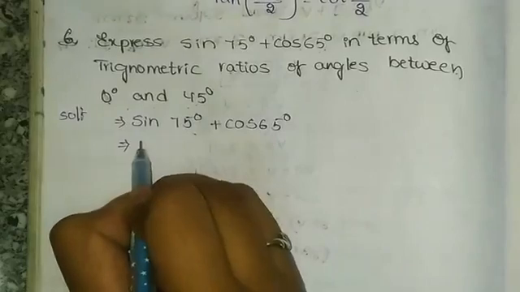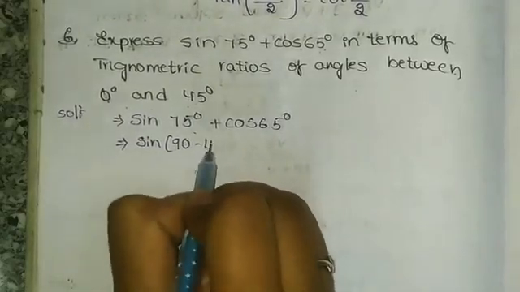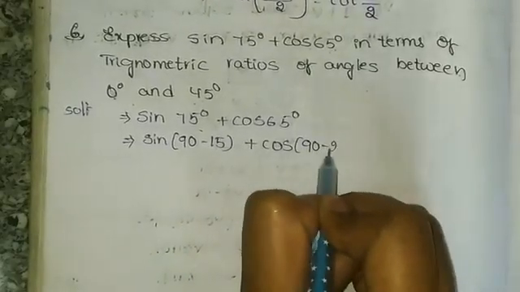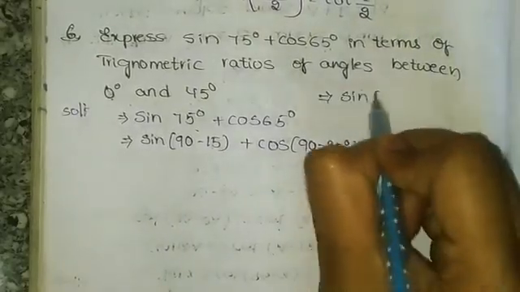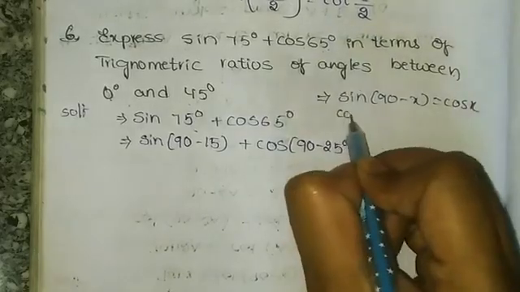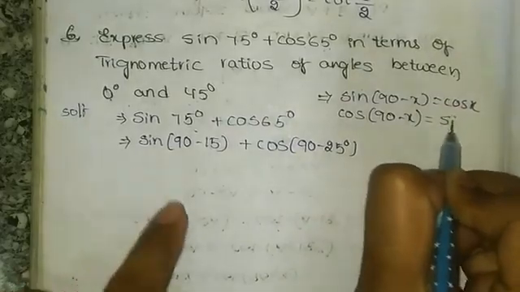Now I am writing sin 75 as sin of 90 minus 15, plus cos of 90 minus 25. We know the formulas: sin 90 minus x is equal to cos x, and cos 90 minus x is equal to sin x.